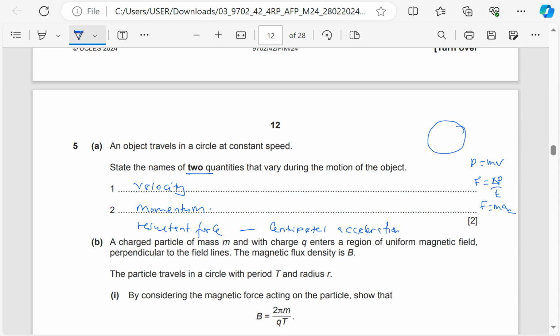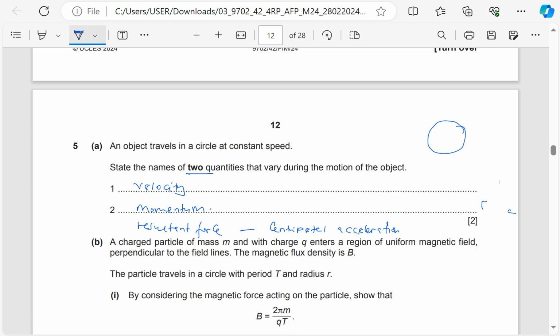And of course, if the centripetal acceleration changes, remember centripetal acceleration is equal to v squared over r, and v is equal to omega r. So it means omega is also changing. So not omega, omega is going to be constant.